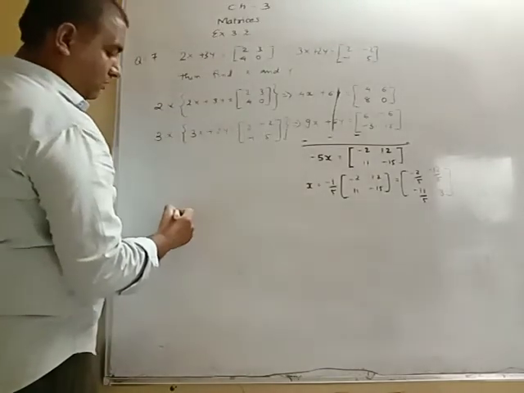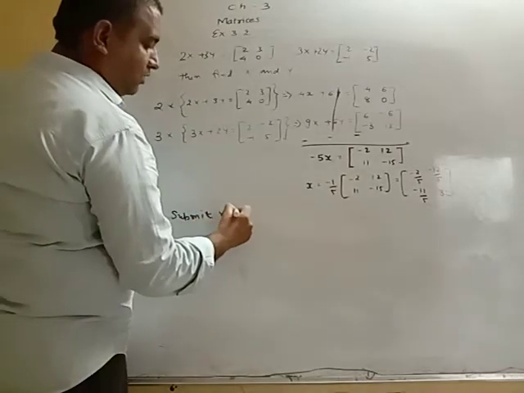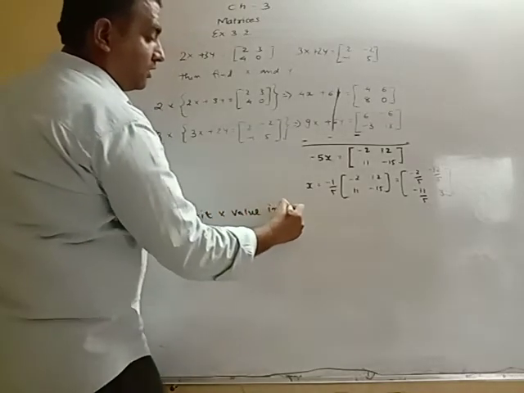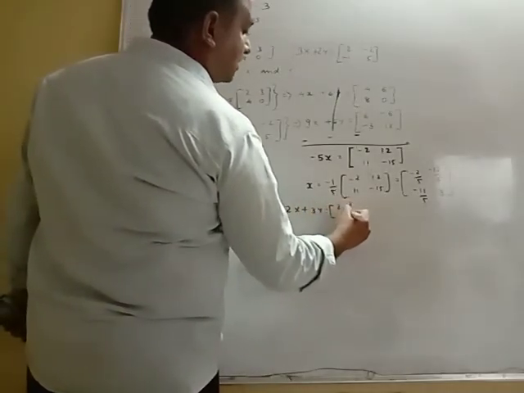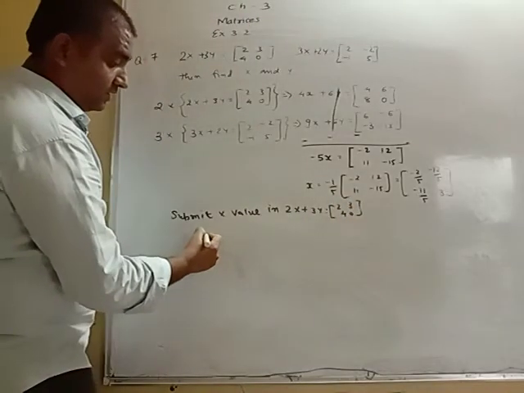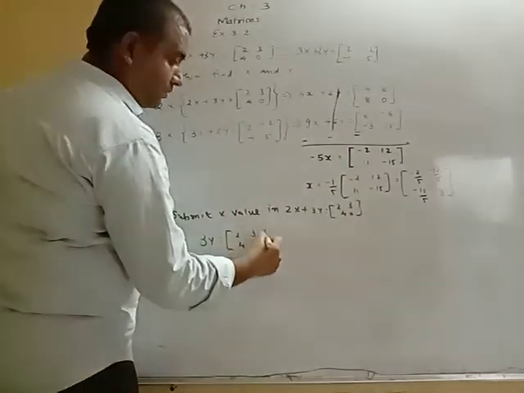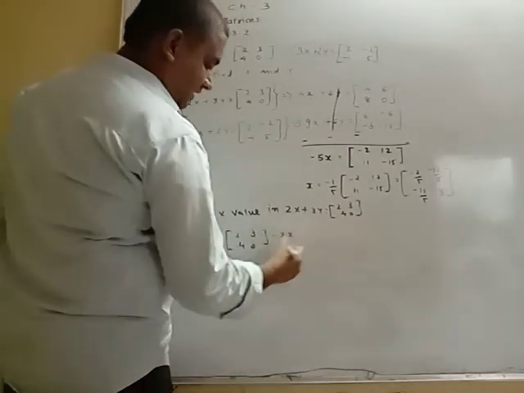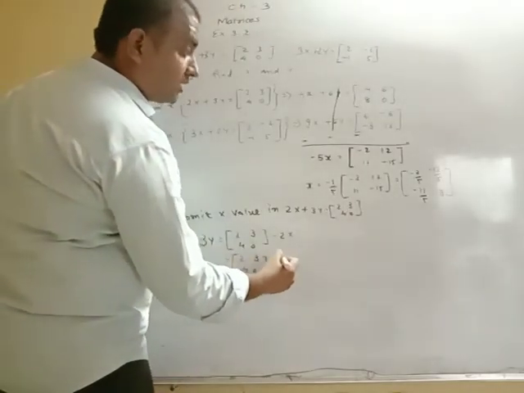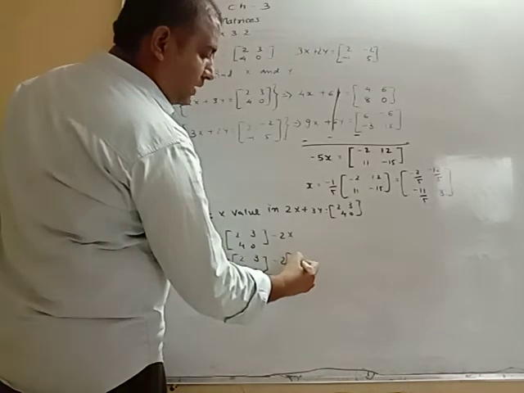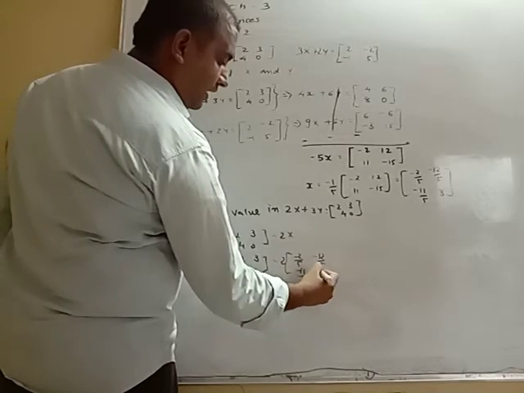Now to get the y value, substitute the x value in 2x plus 3y equals 2340. Then we get 3y equals 2340 minus 2x, that is 2340 minus 2 into the matrix minus 2 by 5, minus 12 by 5, minus 11 by 5, and 3.